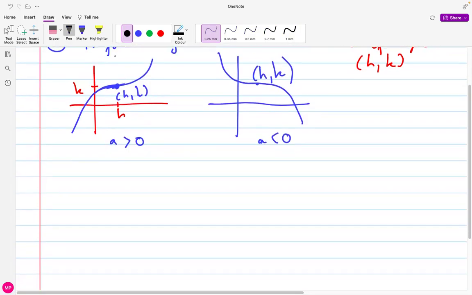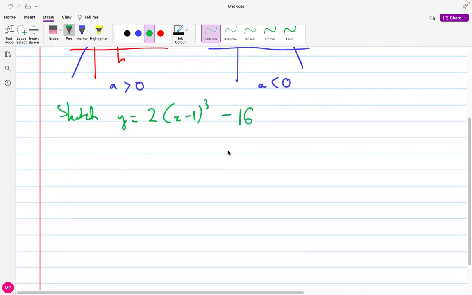The second form is y. Actually, I'm going to do an example for this one first before I move to the next one. So let's say I want to sketch y equals a(x minus 1) cubed, make a is 2, and then minus 16.